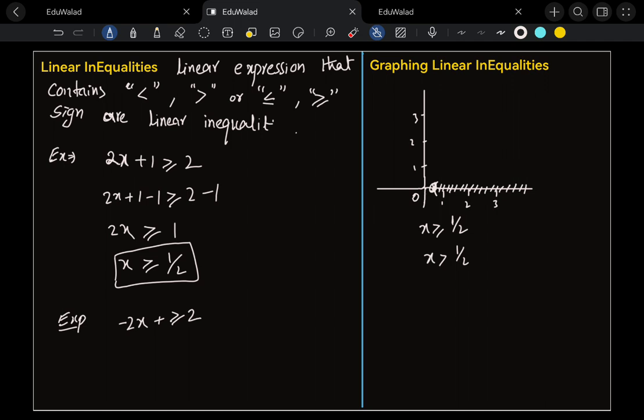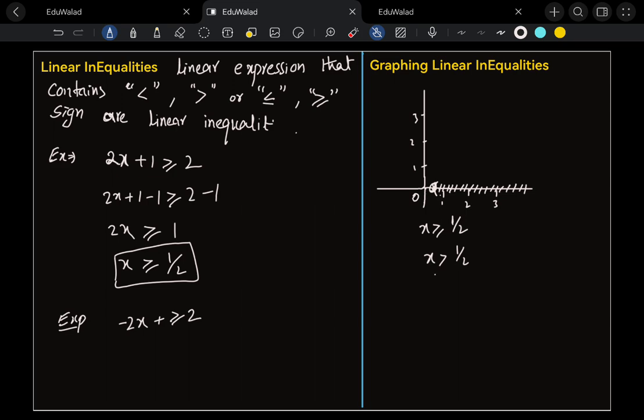We have already learned that an equation gives a single answer, but an inequality gives regions of solutions. So this is the region of solutions, multiple solutions. We pick the appropriate solution for the given question.